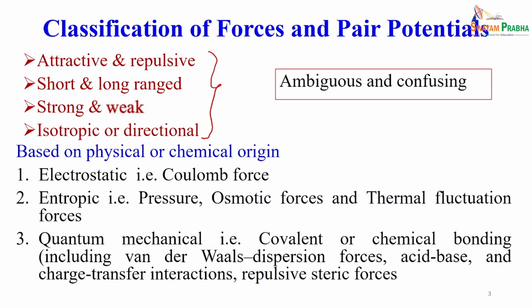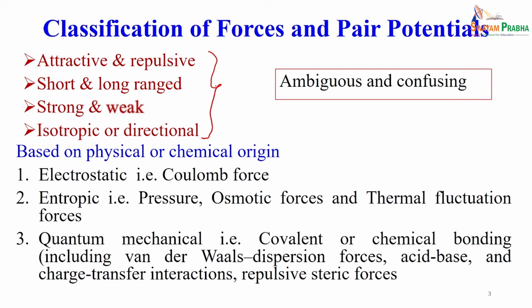But here the issue is that this classification has a lot of ambiguity and is confusing, because a force may fall into different categories. Also the nature of a force depends on the environment.